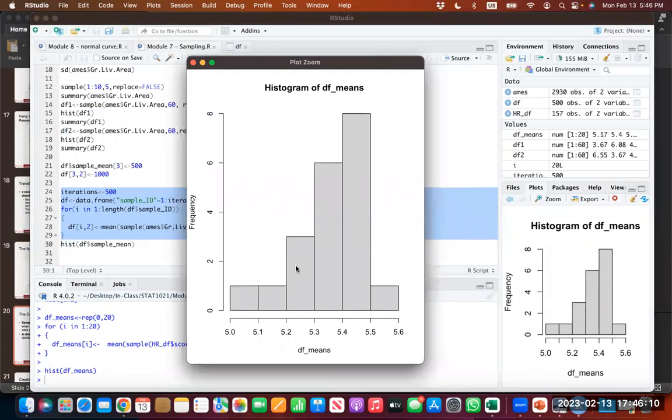So what we're seeing here is the so-called distribution of means. So we're getting individual means of 500 different samples. And this distribution of the means is essentially normally distributed and is essentially reflecting something different than the sample distribution.